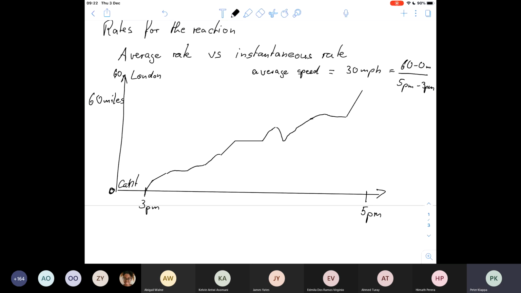Excellent. So what you see here is the profile of our journey. In one case, or in two cases, we didn't move.